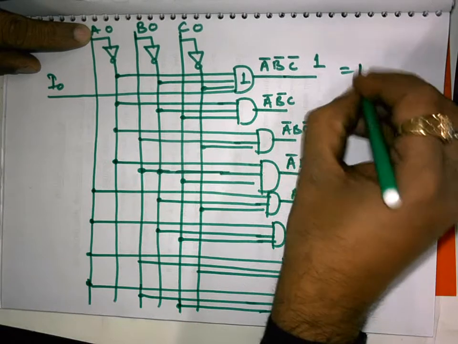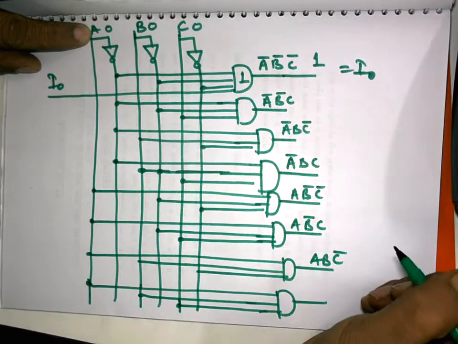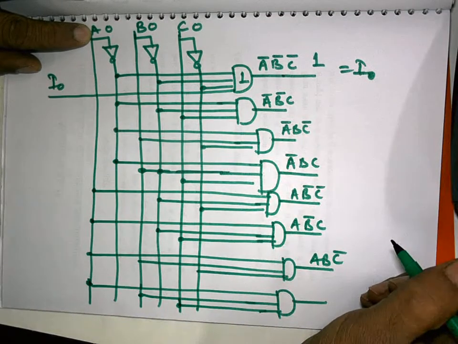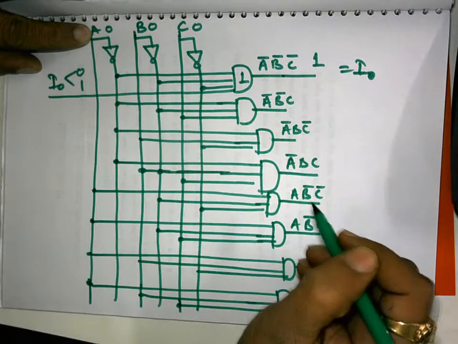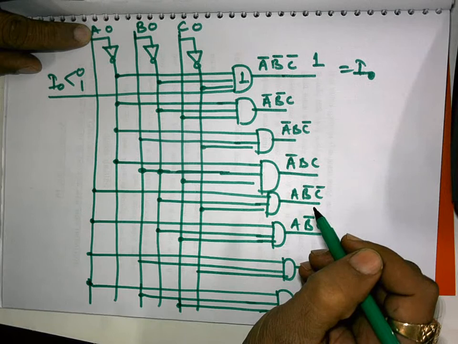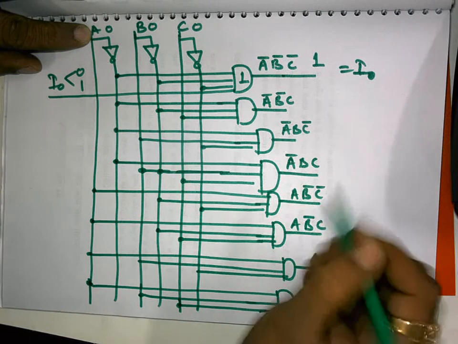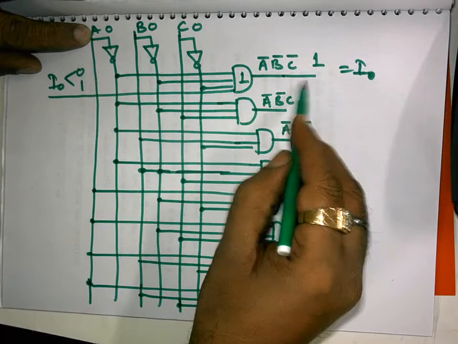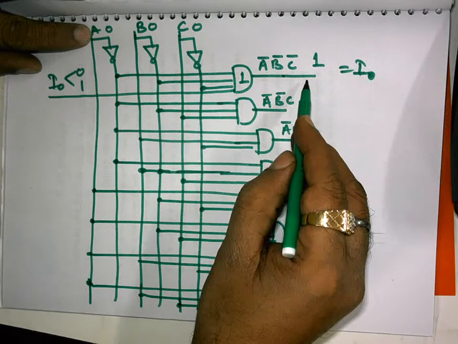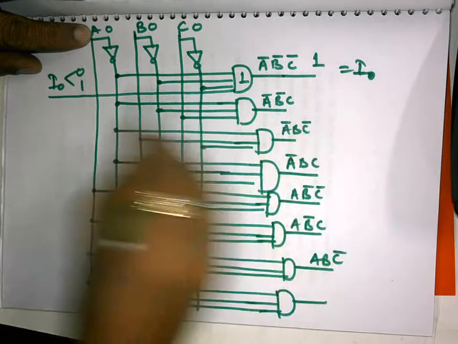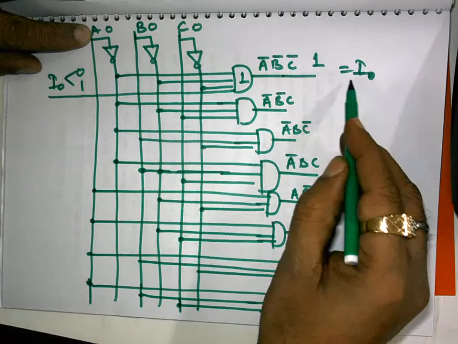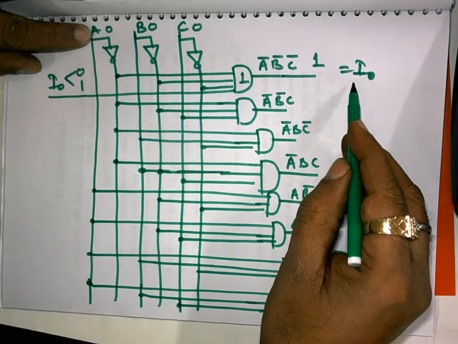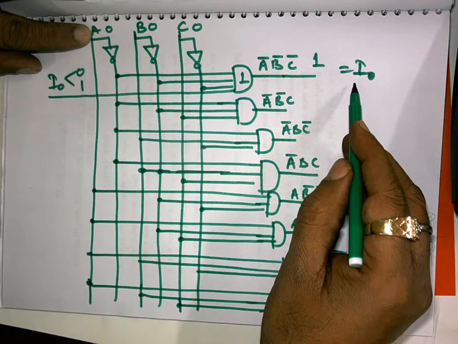The output will be I0. This I0 may have the value 0 or 1. It is also a digital input. If this output line is high, then the final output will be equal to I0. Agreed with this or not?